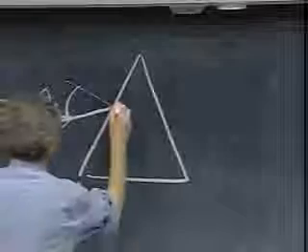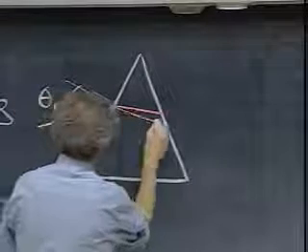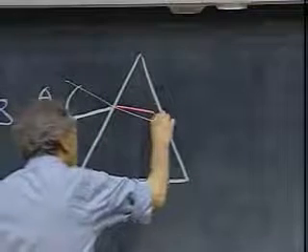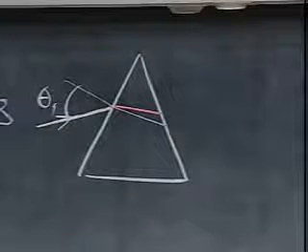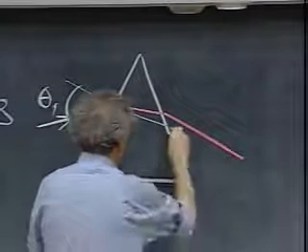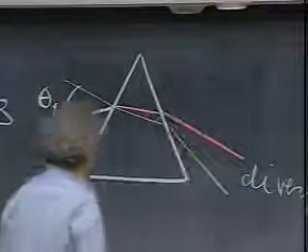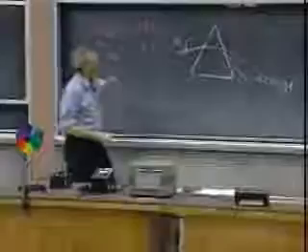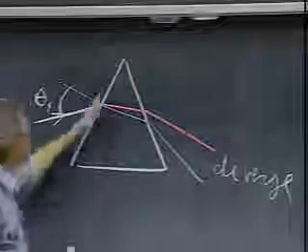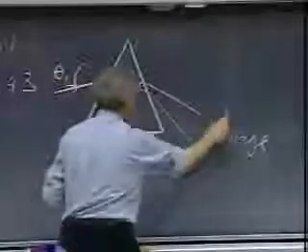And then you will see there is a difference of the index of refraction for red light and for blue light. When you reach this side of the prism, again you have to apply Snell's law. And when you do that, you will see that the red light doesn't come out at the same angle that the blue light comes out, but the two diverge. That is the result of the fact that the indices of refraction are different, but also the result of the funny shape, namely that this side of the glass is not parallel to this side. And so if you put a screen here, you will see colors.